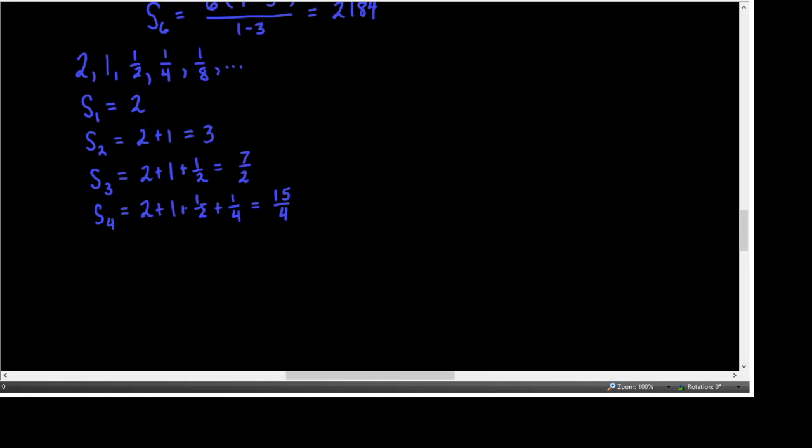So, if we were to continue this, what we would be wondering is, does this converge on a value? Does the sequence of partial sums converge toward a particular value or not? So we're looking at this sequence of partial sums, and we want to know, does that head toward something or not?